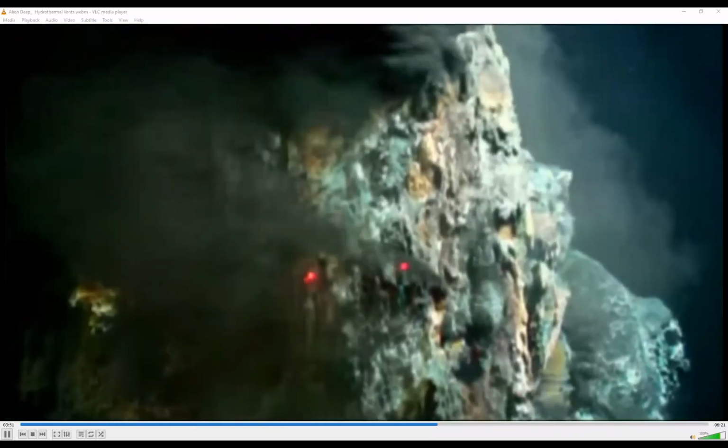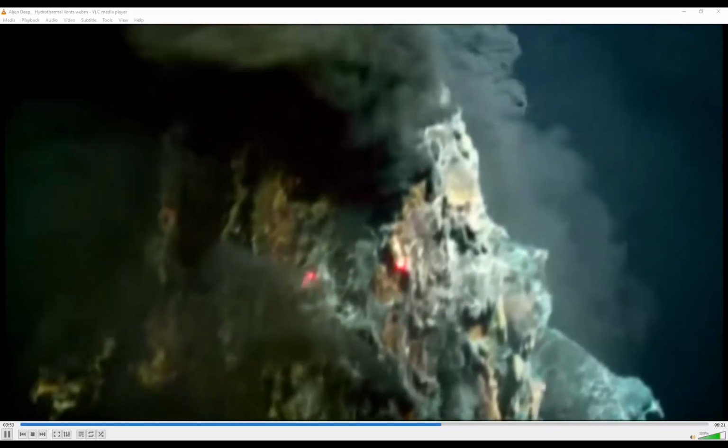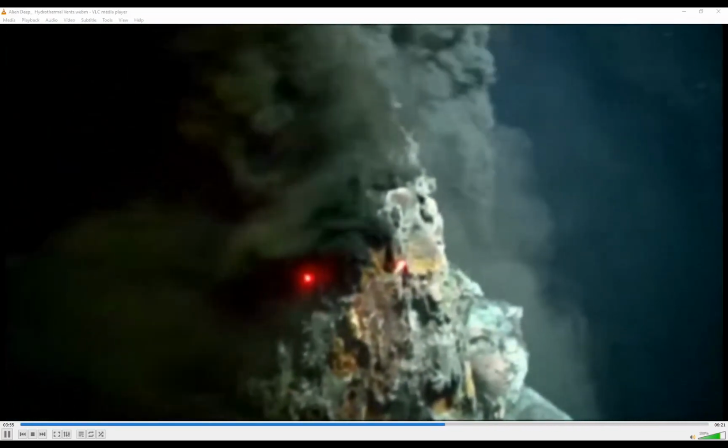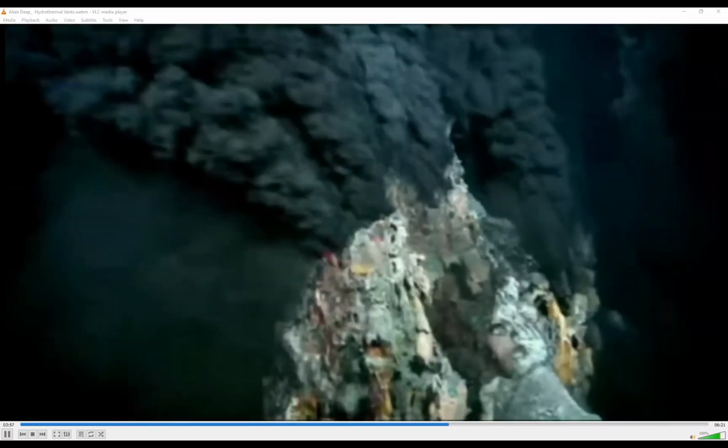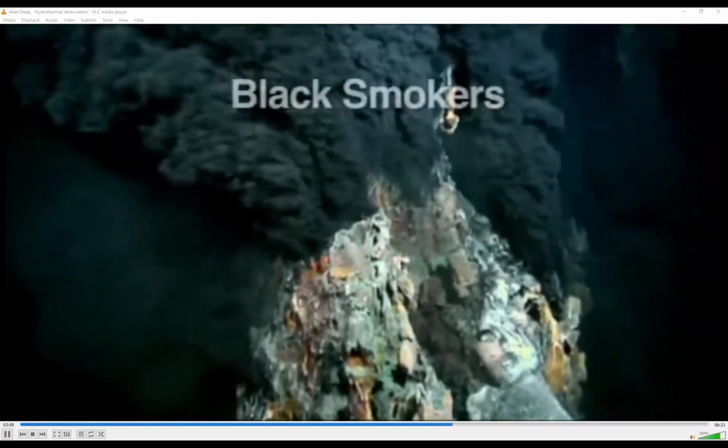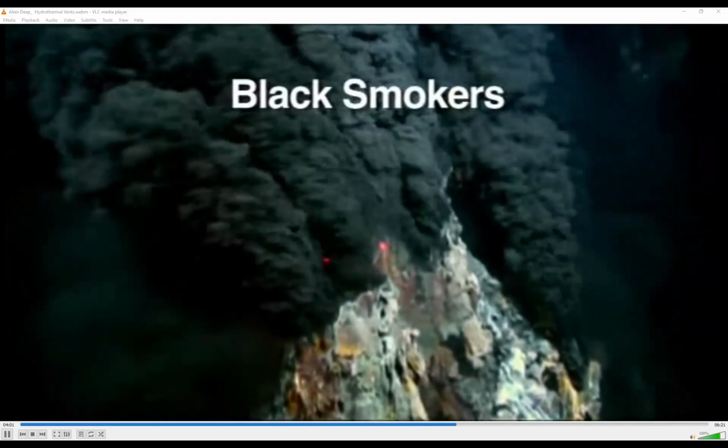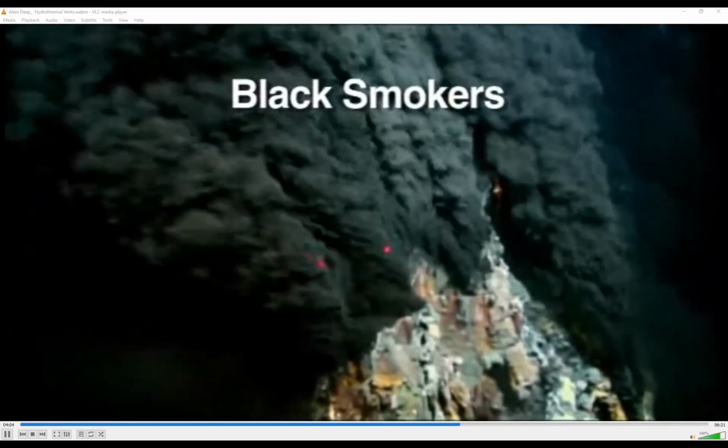The characteristics of hydrothermal vents vary depending on the specific metals and minerals in the water they emit. Vents known as black smokers emit water that appears as a thick black cloud because it is rich with sulfur-bearing minerals.